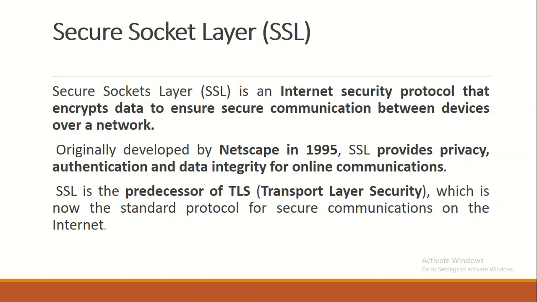HTTP sends the text as plain text, so any man or hacker can take the information from HTTP using a man-in-the-middle attack. But HTTPS is secured. In HTTPS, we use secure socket layer or TLS security to encrypt the data before sending it to the users. That means our data will be safe in HTTPS.